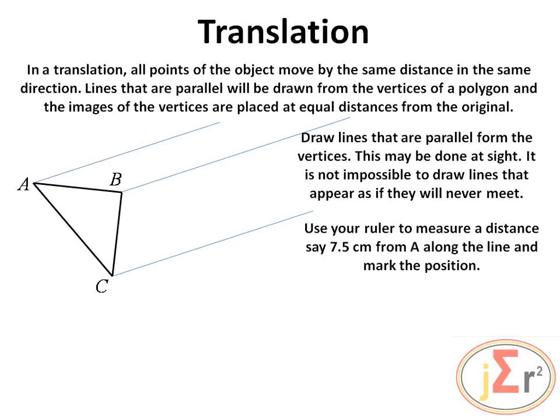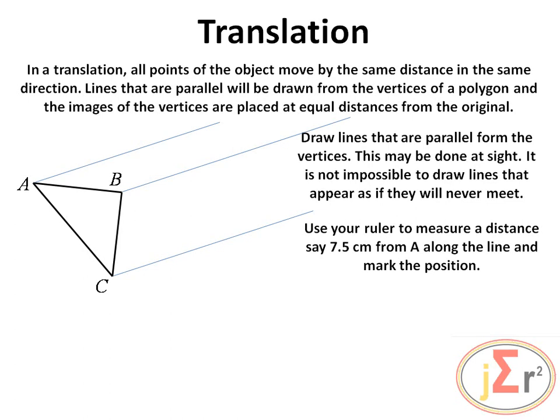And now we have to understand that the images of the points are an equal distance from the original points. So if we are measuring, say, 7.5 centimeters for the image of A, and of course we are just choosing our distance, while doing your translation, you may want to choose a different figure.